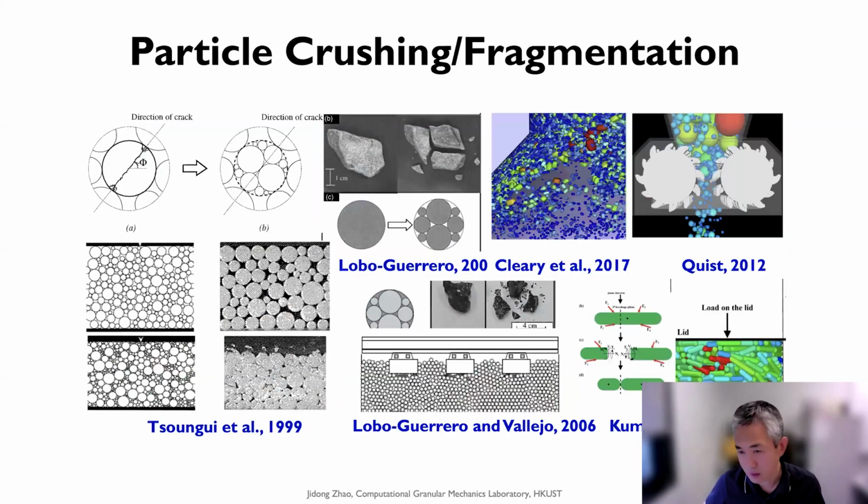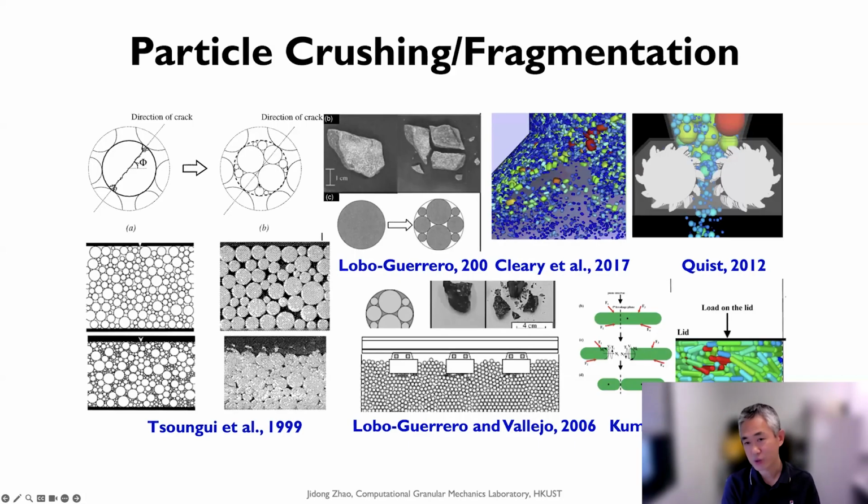This is the important part: we need to consider particle crushing here. That's why another very active area in DEM is related to how we can deal with particle crushing and fragmentation. The easy way is what we call the particle replacing method. We have a bigger spherical particle, and once we determine the crushing criterion is met, we let it turn into a number of smaller particles.